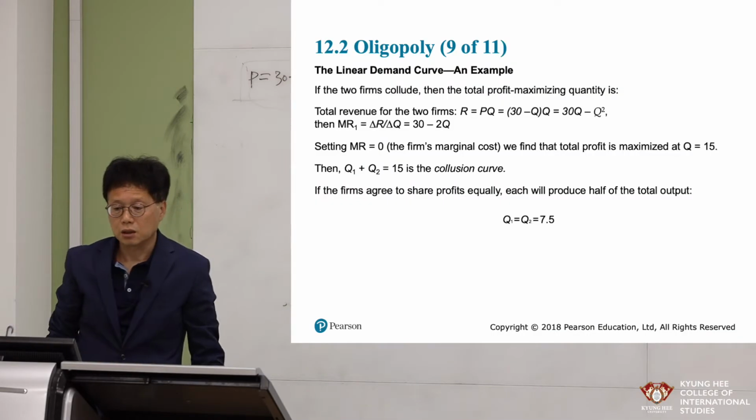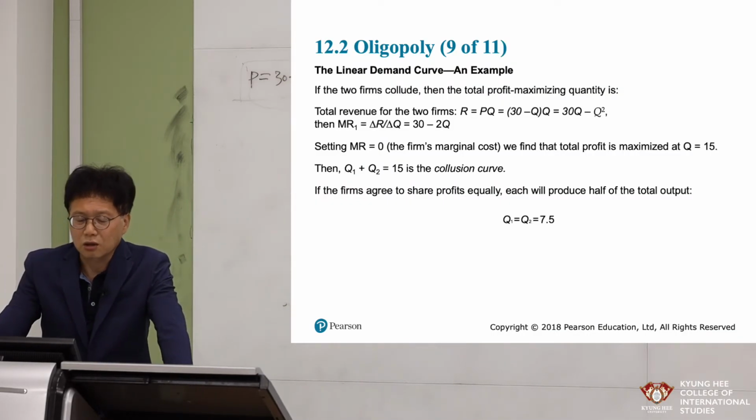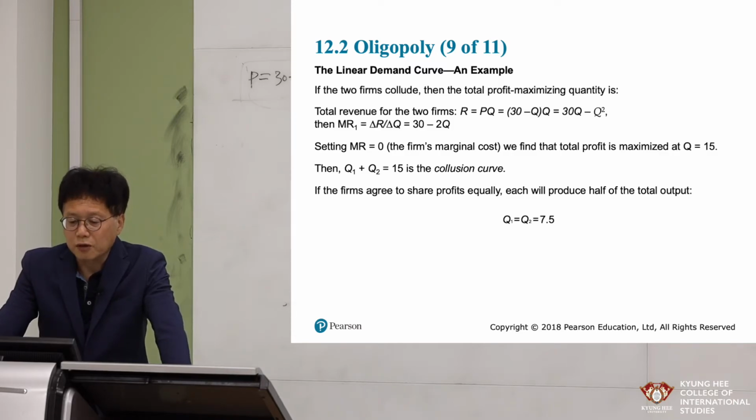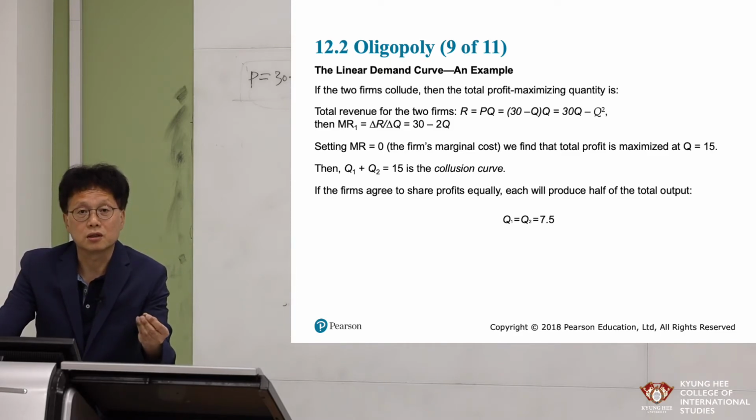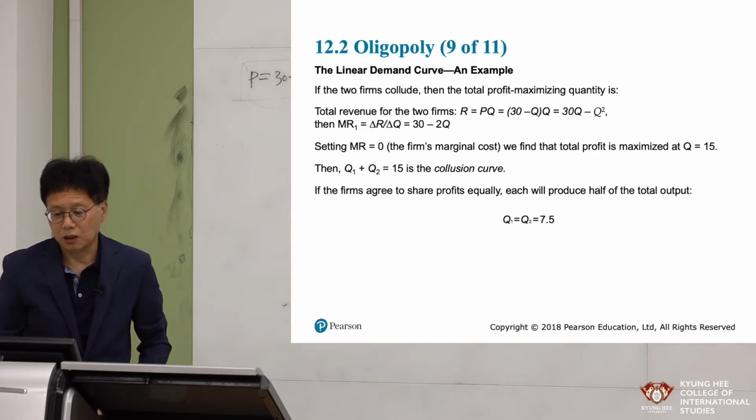Collusive outcome. If two firms collude, in other words, two firms behave like monopolists and share total profit equally. Okay? That is the collusive outcome.